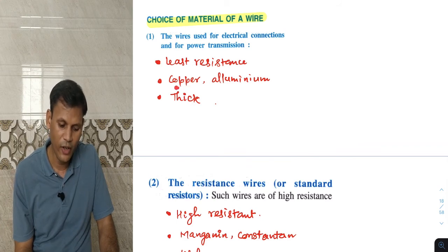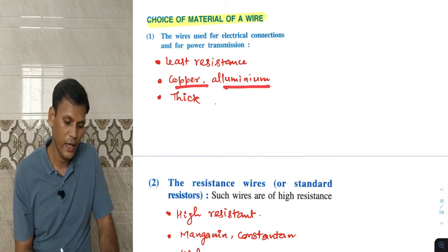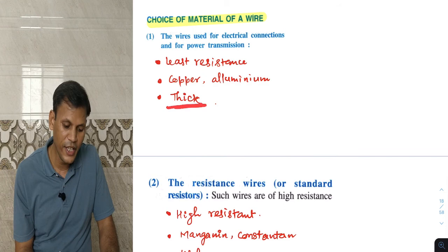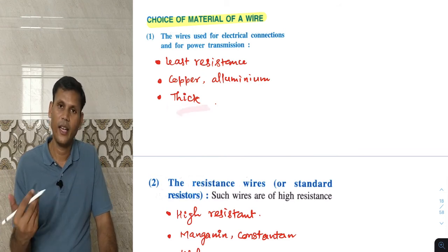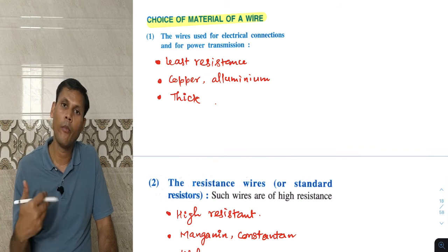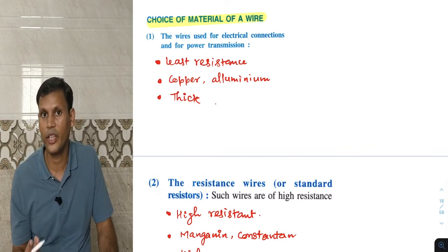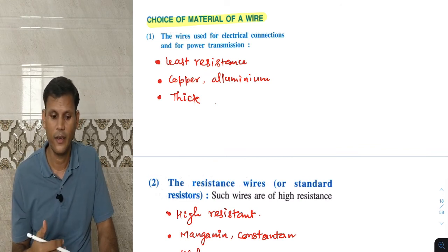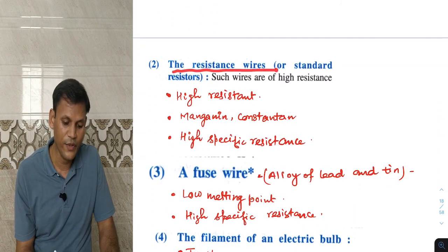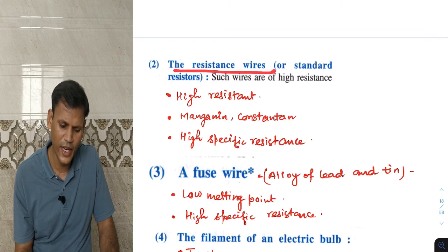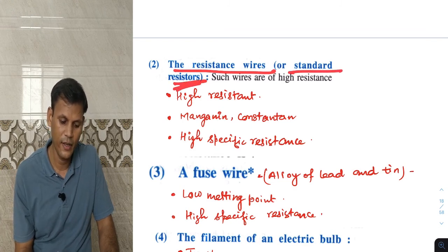Examples are copper and aluminium. The next condition is that the wire should be thick, because with more area of cross section, more current can flow through it without resistance. Next are resistance wires or standard resistors.